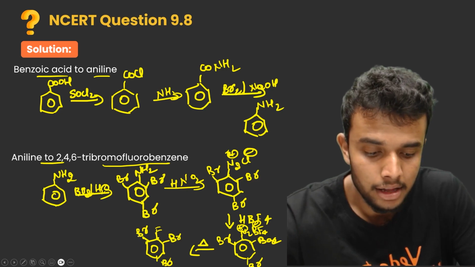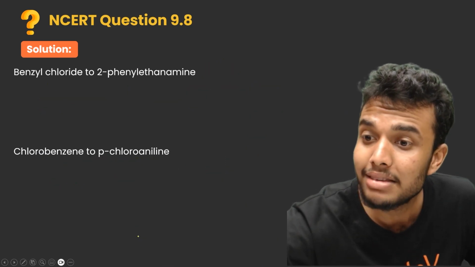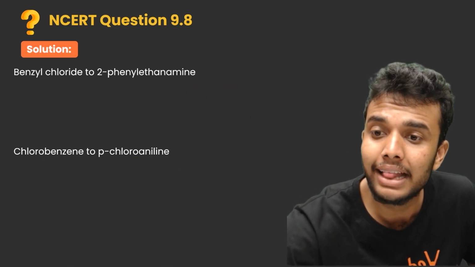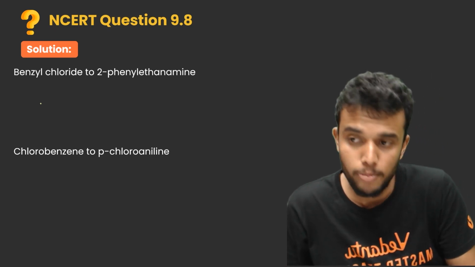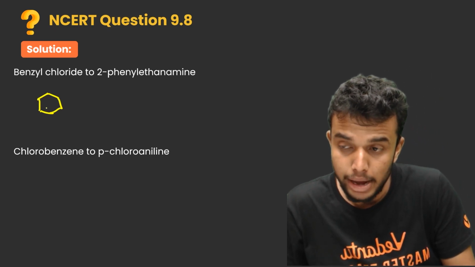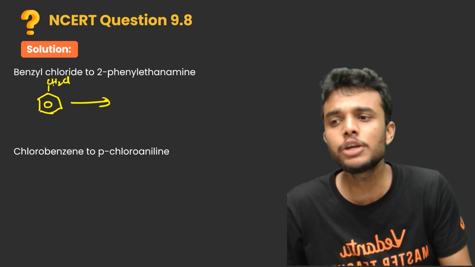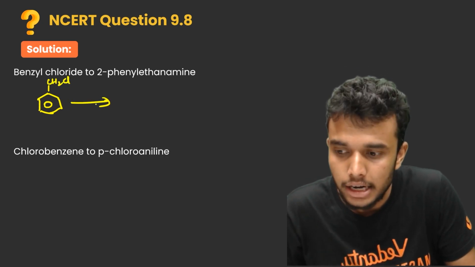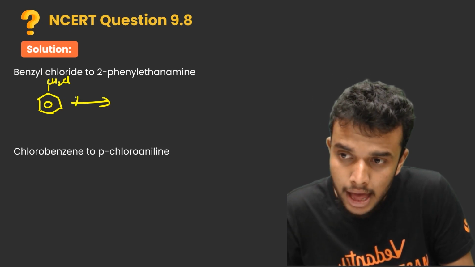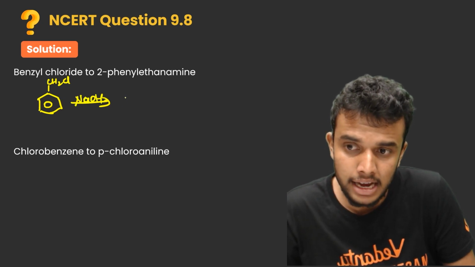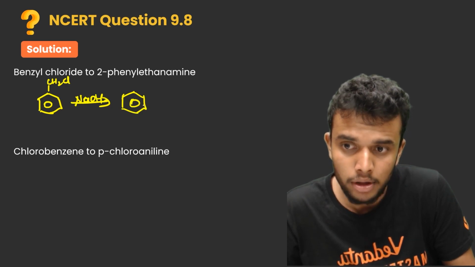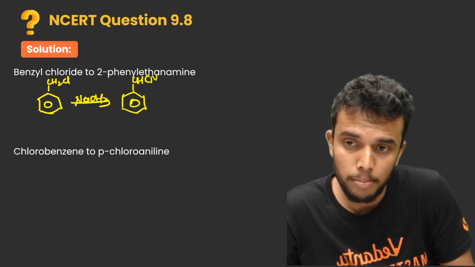What is the next one? Come on, let's discuss. Benzyl chloride to 2-phenylethanamine. What is the structure of benzyl chloride? Benzyl chloride is nothing but the CH2Cl group. First step, we need to convert the Cl group to a cyano (nitrile) group, by using ethanolic KCN solution. If it is heated, it gives benzyl cyanide, CH2CN.